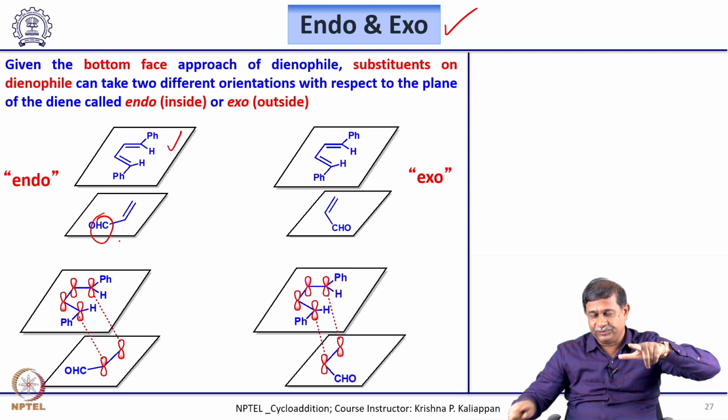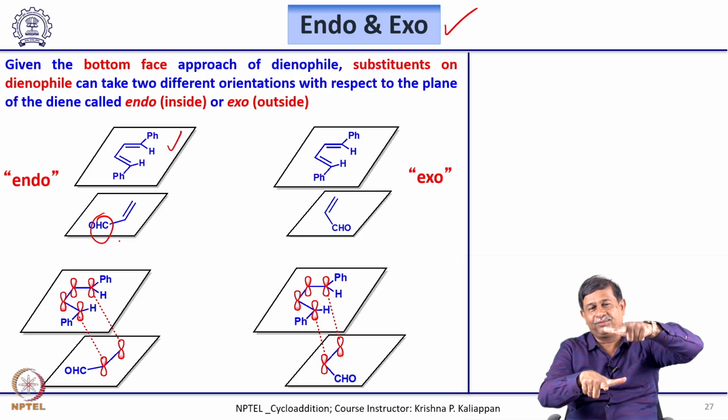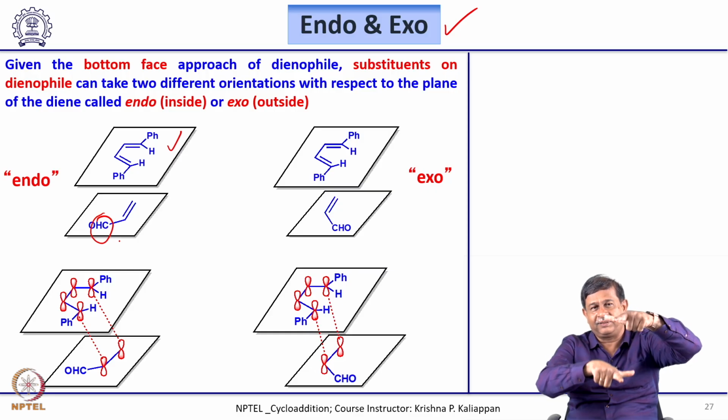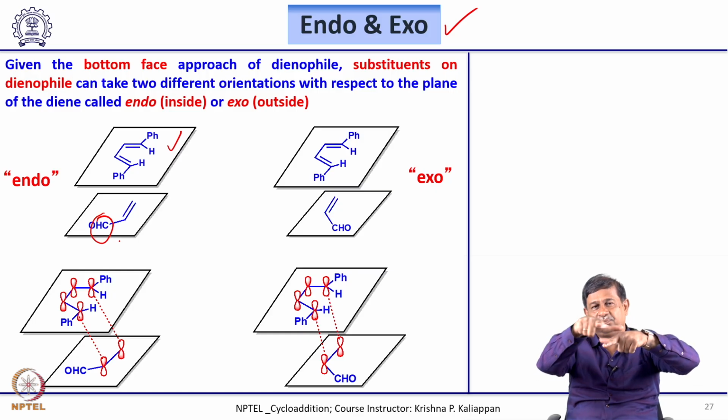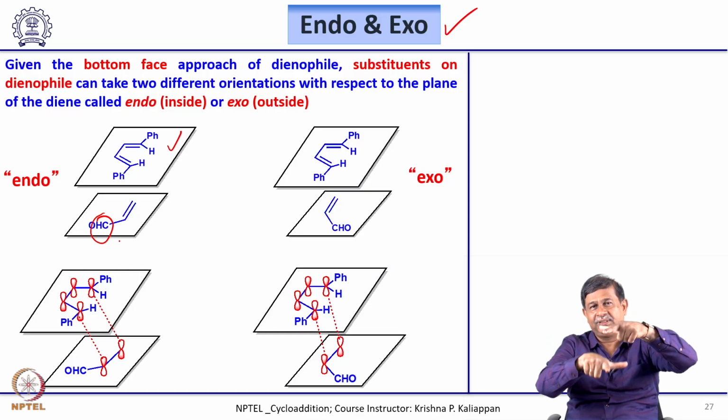So this is the diene and this is the dienophile. You can see now this dienophile comes from the bottom face and this is a substituent here. This substituent is just below the diene. The substituent is below the plane of the diene, so that is endo.